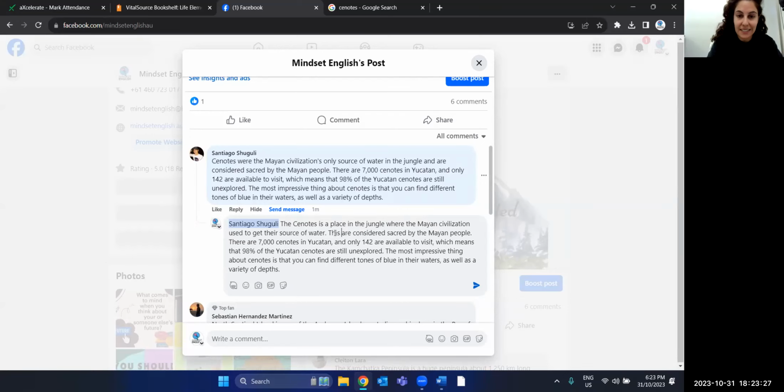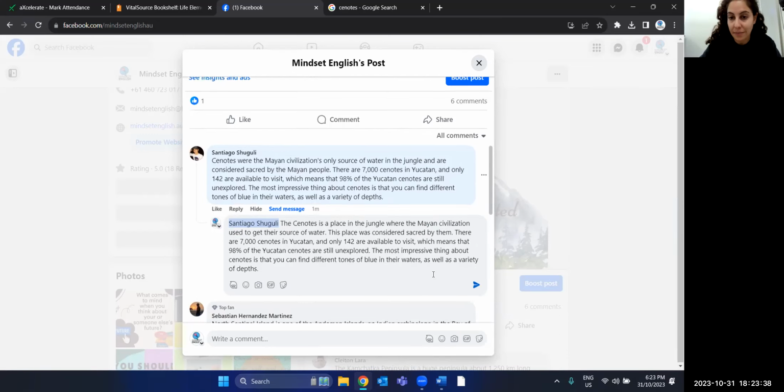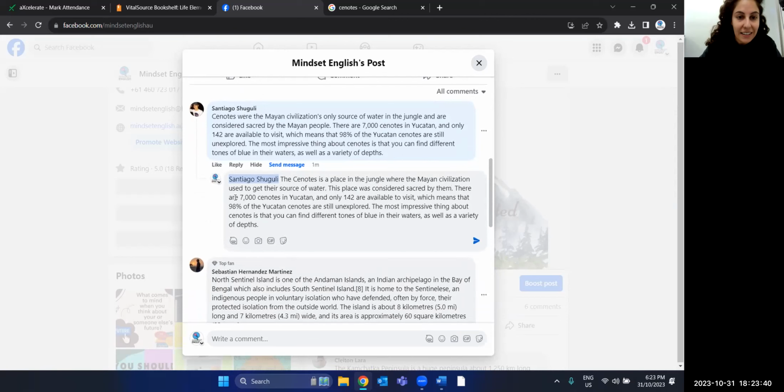This place was considered sacred by them. So we don't need to repeat the people. We can just say by them. There are, I think, I don't know if people are still living there. There were 7,000 cenotes in Yucatan, and only 142 are available to visit. Okay, so that's still true till today.